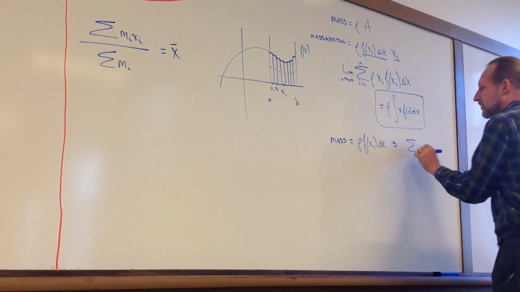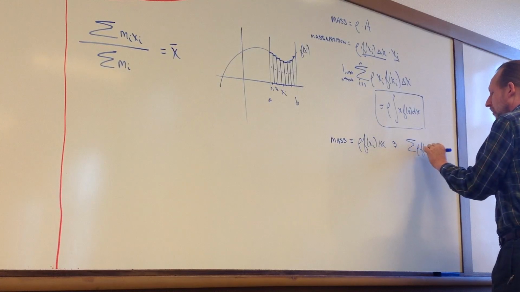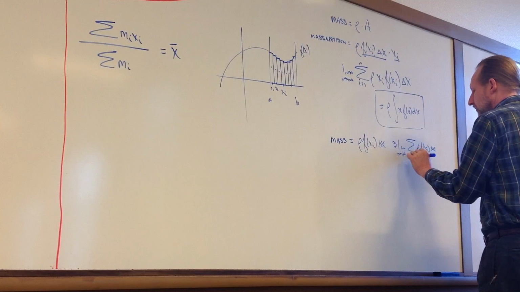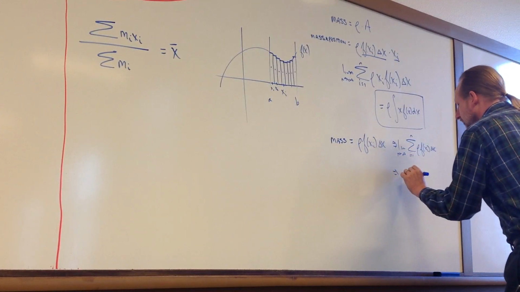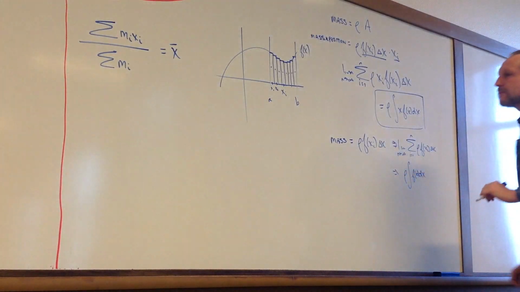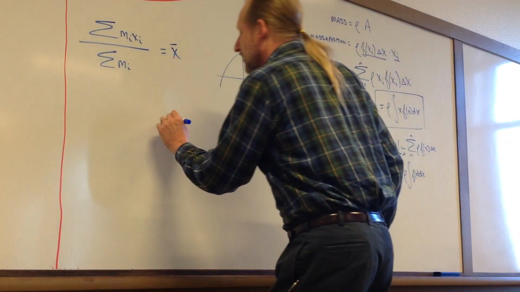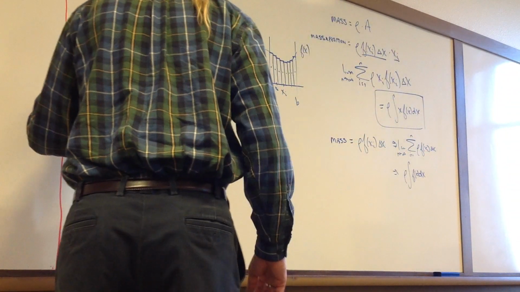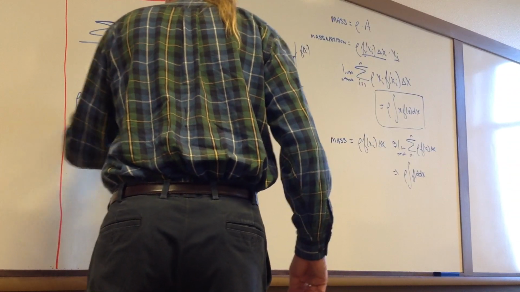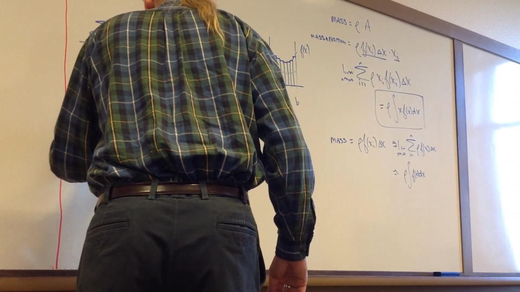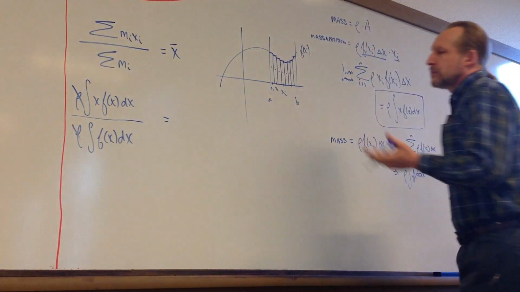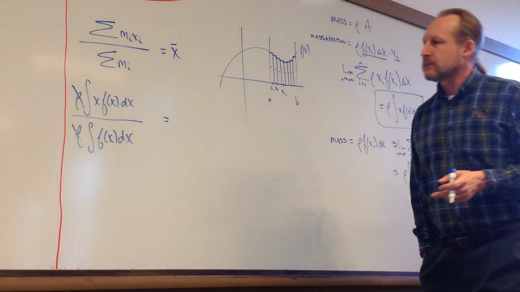So if we sum these all up and then take the limit as n goes to infinity, this will be rho integral f of x dx. And so that's going to make our x bar equal to rho integral x f of x dx divided by rho integral f of x dx. And then our densities cancel out. So as long as this is uniform density, those are going to cancel each other out.